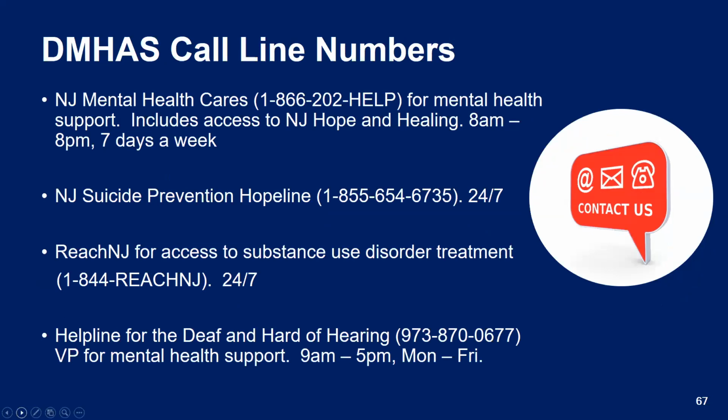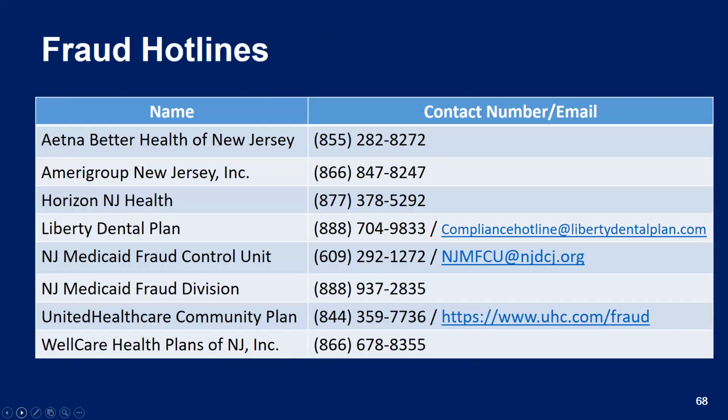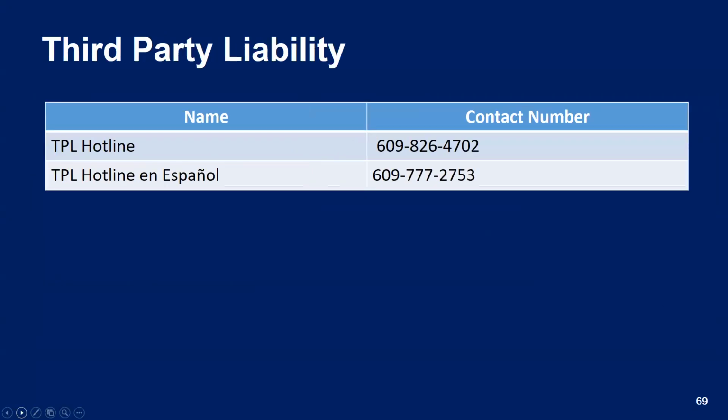We have some contact information for mental health and addiction services. We also have included the various fraud hotlines. If you have concerns that there's something happening, you can reach out to the relevant area. And we have also included the third-party liability lines, both in English and Spanish. So if you have questions about that, please reach out.